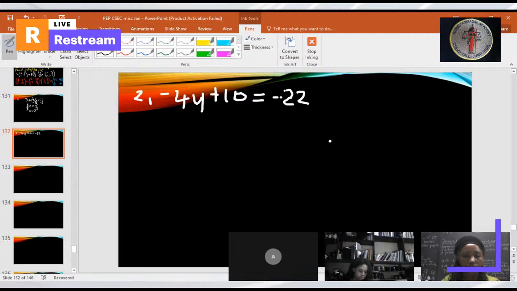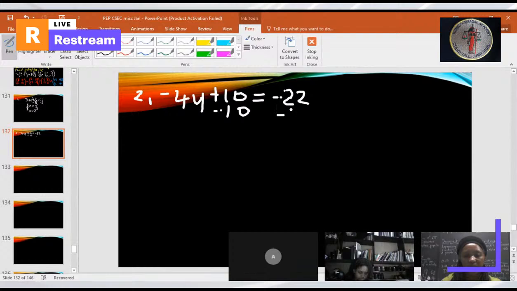First, you want to get rid of the 10 by subtracting 10 on both sides. Okay, so we're adding 10 now, so we need to subtract 10 from both sides.